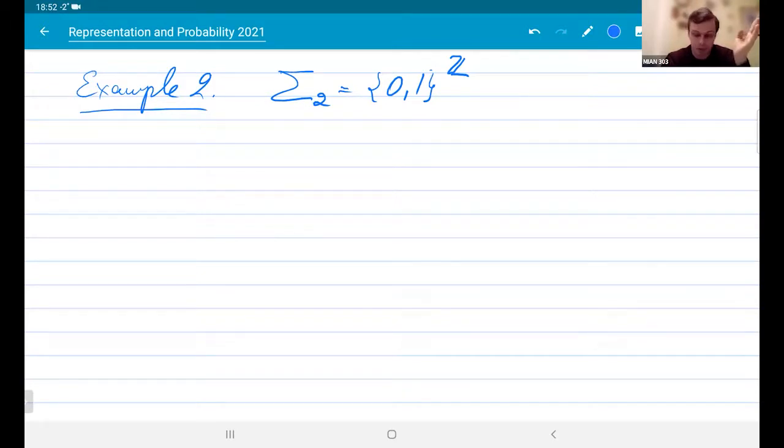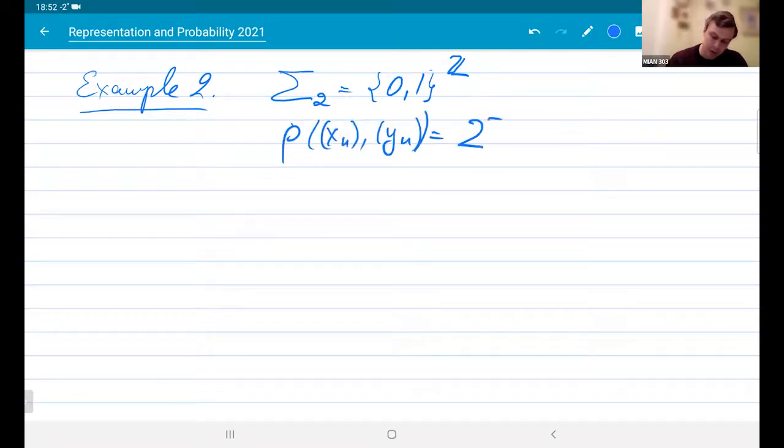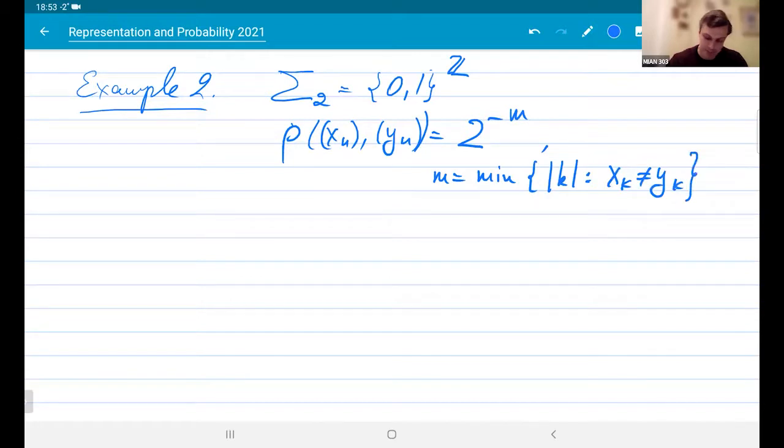The metric between two sequences is 2 to the minus m, where m is the minimal absolute value of k such that x_k doesn't equal y_k.